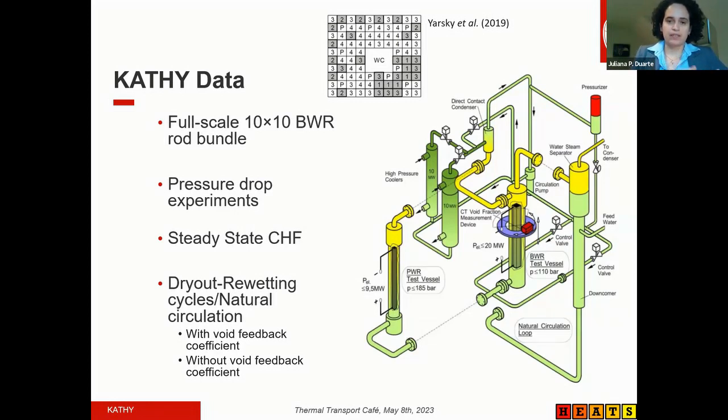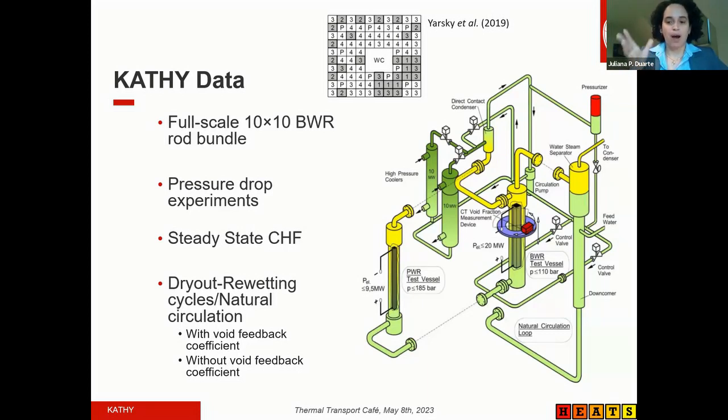At the top of this slide, you can see the rod bundle that was used in this experiment, a 10 by 10 rod bundle with water channel. The P represents partial length rods, and the numbers represent the power peaking in the bundle. So number 1 are the rods with highest power, and number 4 are the rods with lower power.